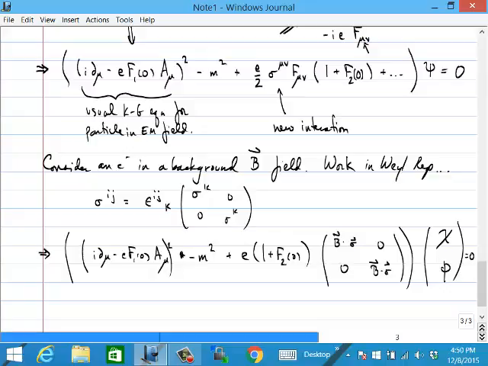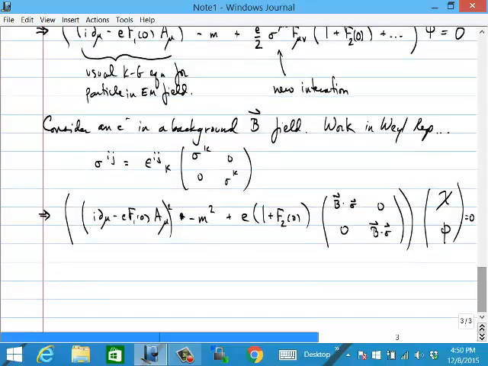And I want you to remember that in the non-relativistic limit, these four-component spinors that describe the electron become a usual non-relativistic two-component spinor on top of a two-component spinor. So what we're doing here is looking at a correction to Schrodinger's equation for a spin 1/2 particle that looks like B dot sigma.